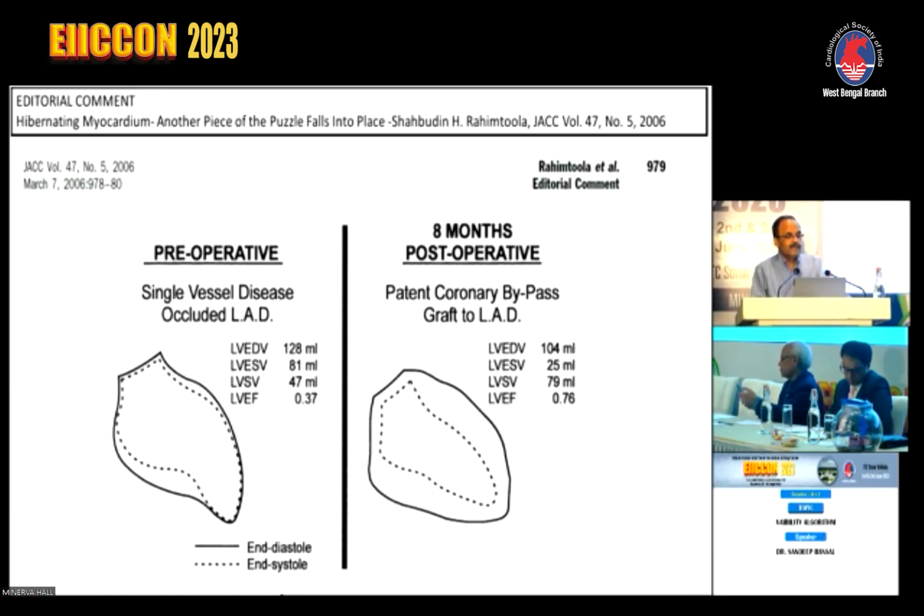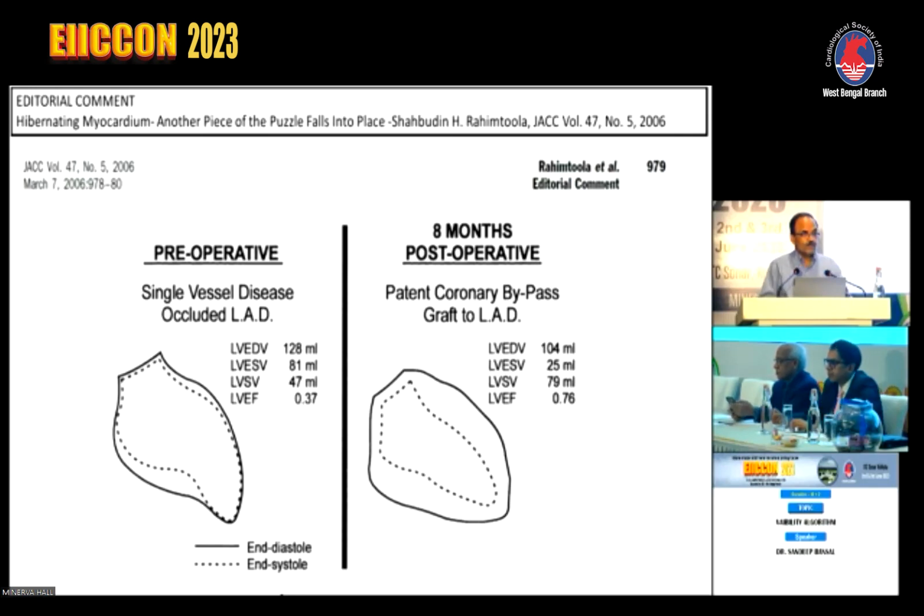He actually showed in one patient who had an LAD disease and the ventricle that was dilated, which is shown on the left of the screen, after the CABG was done, there was a great improvement in the ejection fraction from 37% to 76%. And this was largely contributed to by a reduction in the left ventricular end systolic volume.